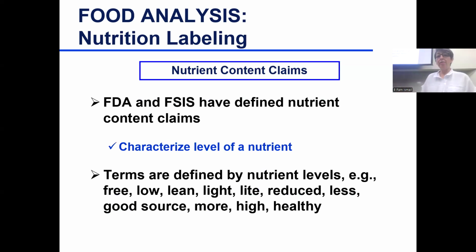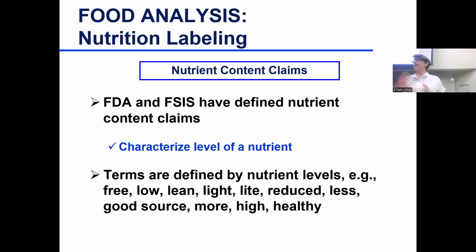So we have nutrient claims and there are health claims. They're two different things. A nutrient claim has to do with the actual nutrient, like a good source of protein, a good source of calcium.